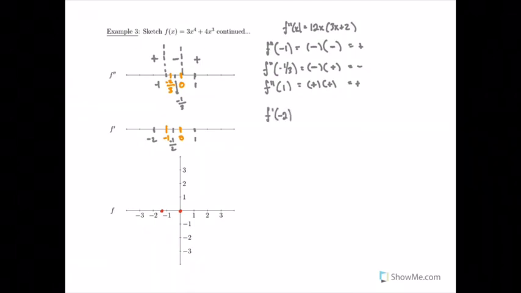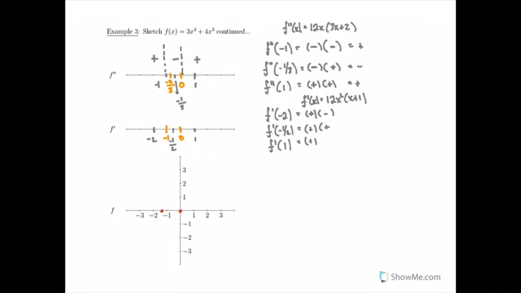For the first derivative, we're going to look at f prime of -2, f prime of -1/2, f prime of 1. Remember that our derivative is 12x squared times x plus 1. Plugging this in, we're going to have a positive number for the first one always because of the x squared.